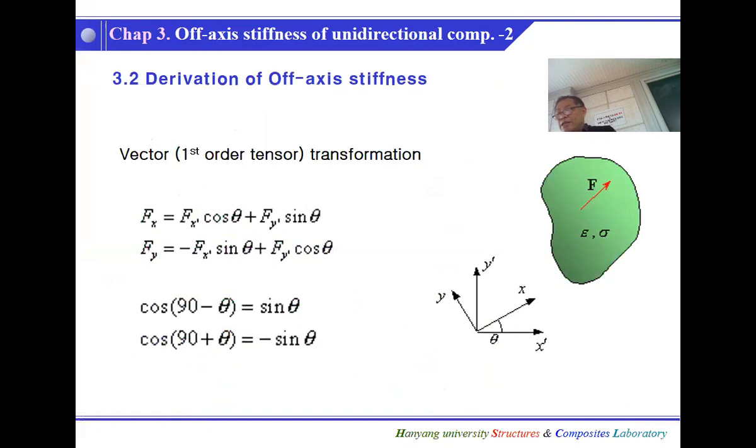Okay, so this is the derivation of off-axis stiffness. This is the vector transform, which we briefly touched on. There's a vector in two different coordinates, and this is the sine and cosine.